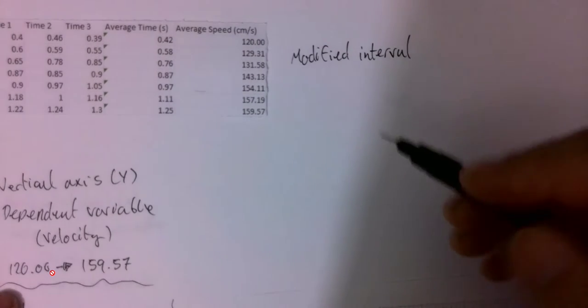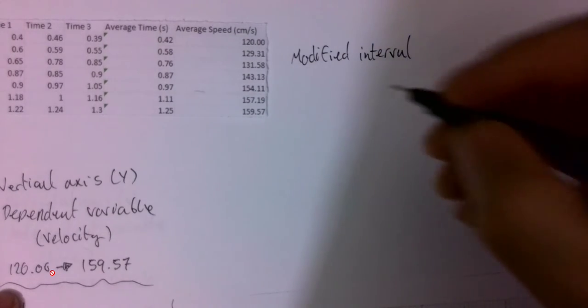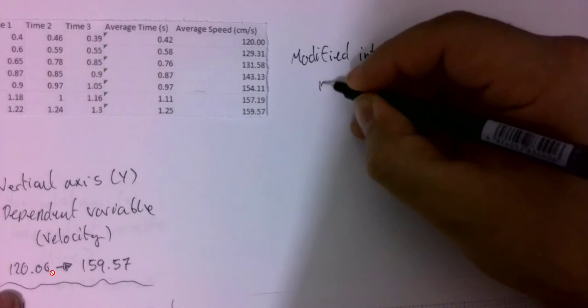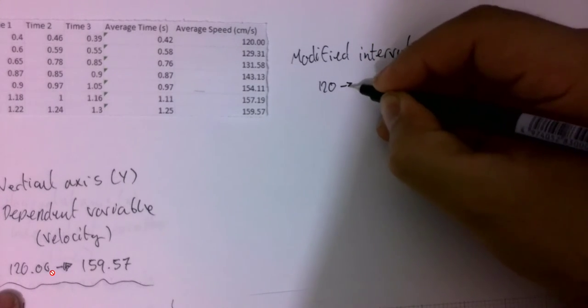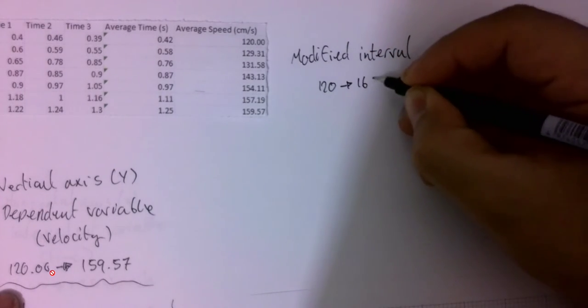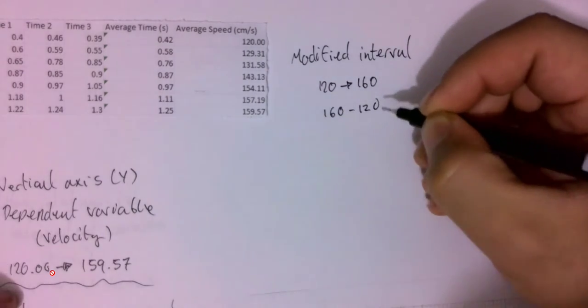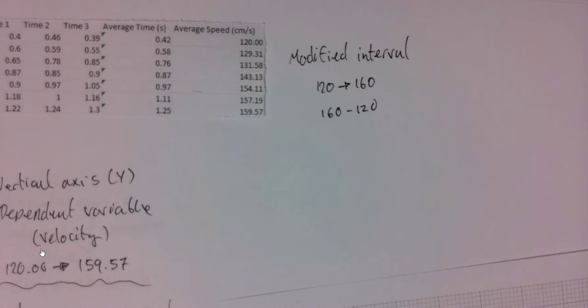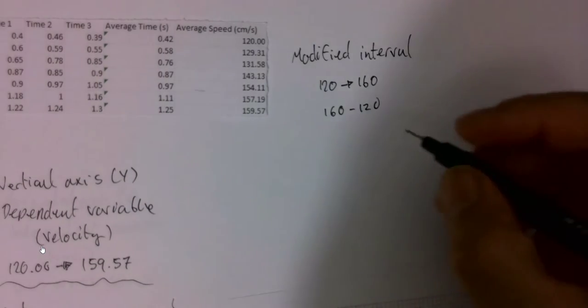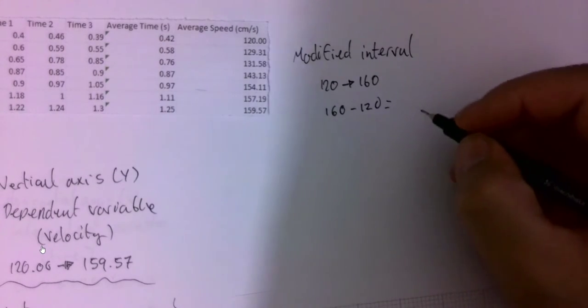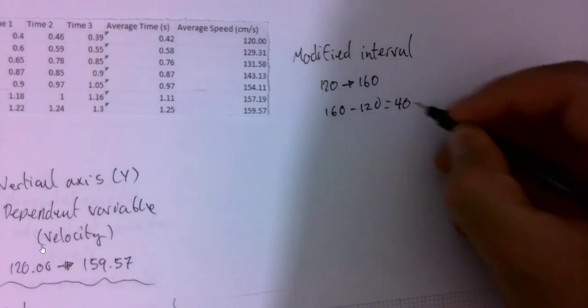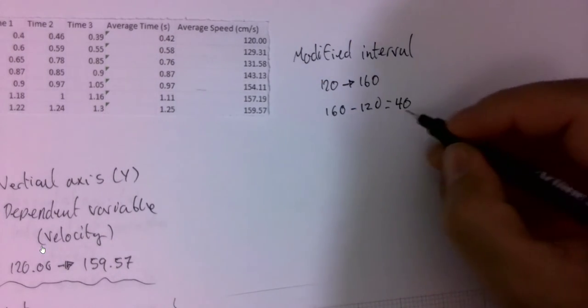Okay. So the first thing that we want to do, we want to figure out how much is there between 120 and 160, right? So once we do that, which happens to be 40 units that are going to span.